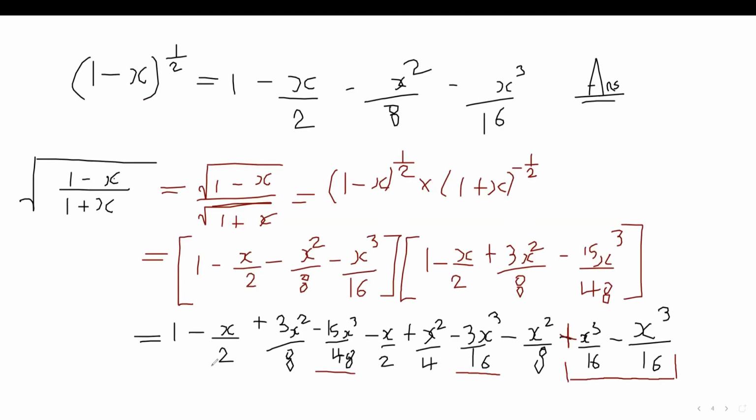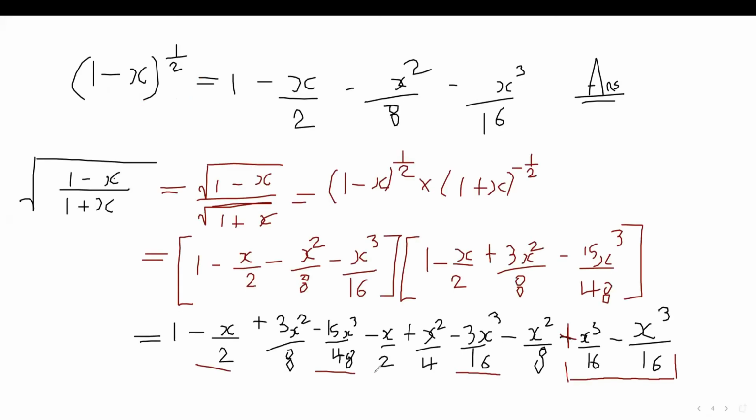Let's simplify our x terms now. Minus x over 2, Marika, minus x over 2. That's just minus x, right? If you have minus half and minus half, that's just minus 1. Yes, sir. So the x part does work out to be minus 1. Good. Now let's look at our x squared terms. We have x squared over 4 and minus x squared over 8.